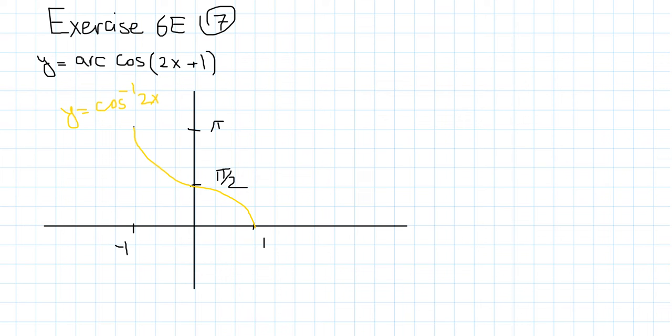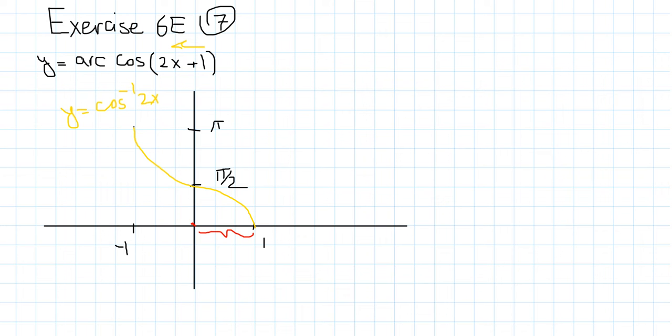Now I only need to shift it to the left, because here it says plus 1 and it belongs to x, inside the bracket, so I should shift to the opposite side. The opposite side is minus 1. So when I shift by minus 1, this point comes to here. It is at 0. But here it cannot shift more.